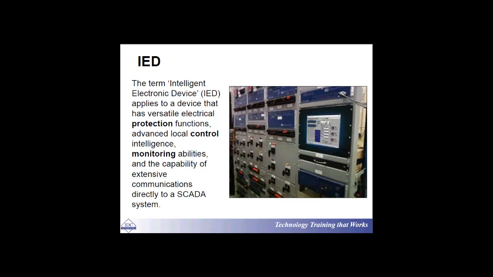In other words, you can get access to this information from many different points. From the location of the relay, from the location of the meter, from the location of the control gear, from the location of the Scada system, from the location of the PLC, from the location of the Scada master station, from many different points. That is the concept, first of all, of the 21st century substation automation.